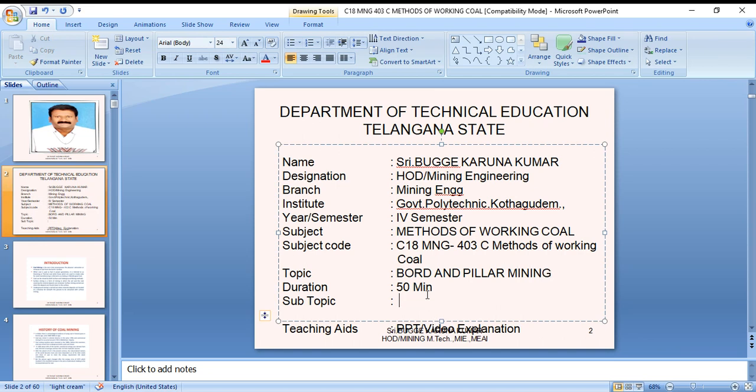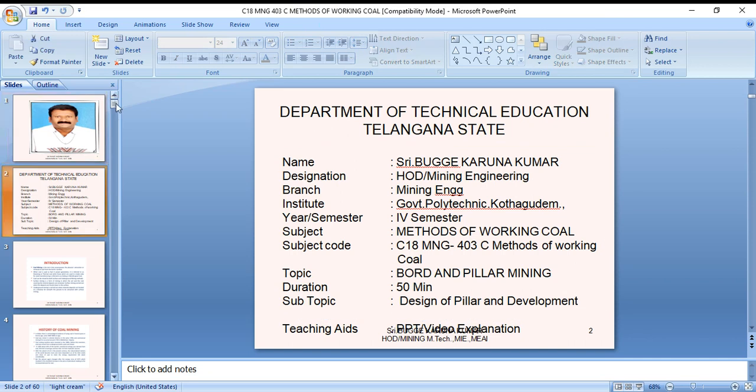This is one of the method topics, in which mostly the design of pillars and development are subtopics of the subject. My name is Karana Kumar, HOD Mining.